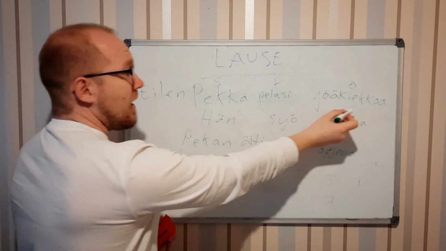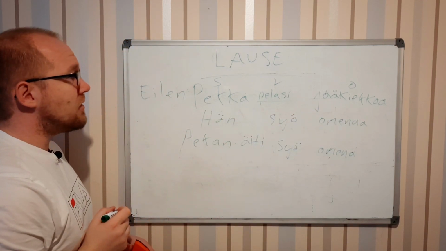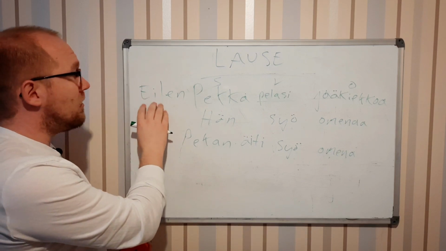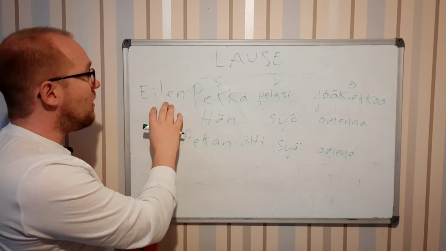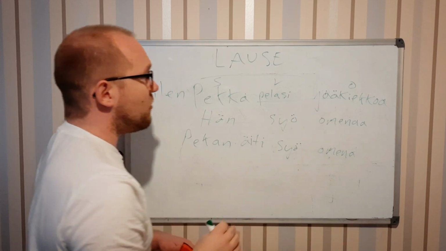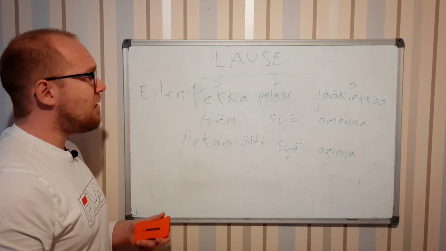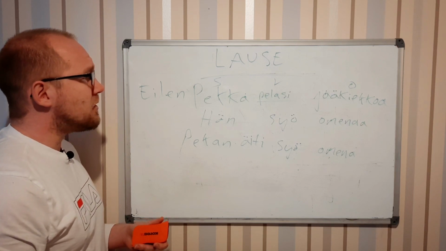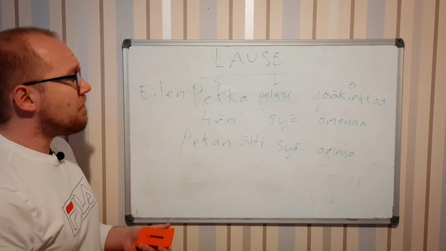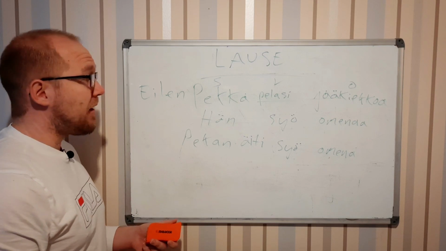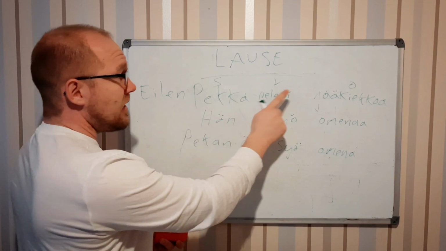Eilen Pekka pelasi jääkiekkoa. Okay, so we have a noun, time. Time here. Okay, what else can we put here? How did Pekka play? How? And perhaps he was happy. Pekka was happy. Eilen Pekka pelasi jääkiekkoa.